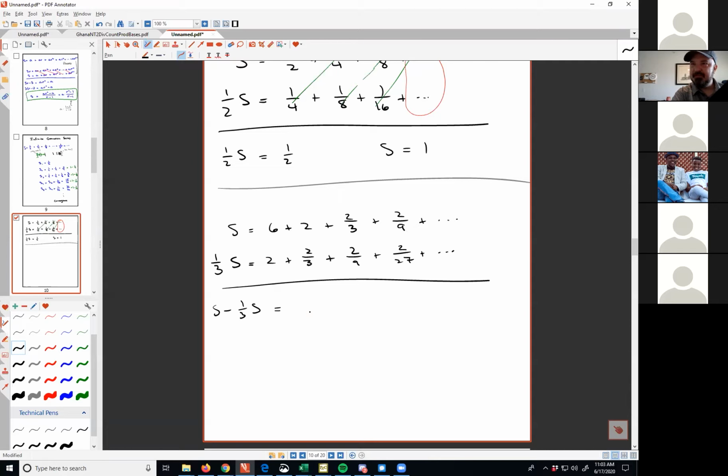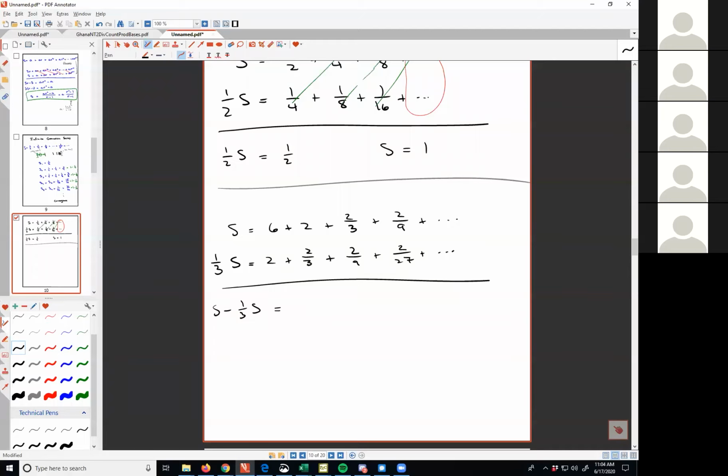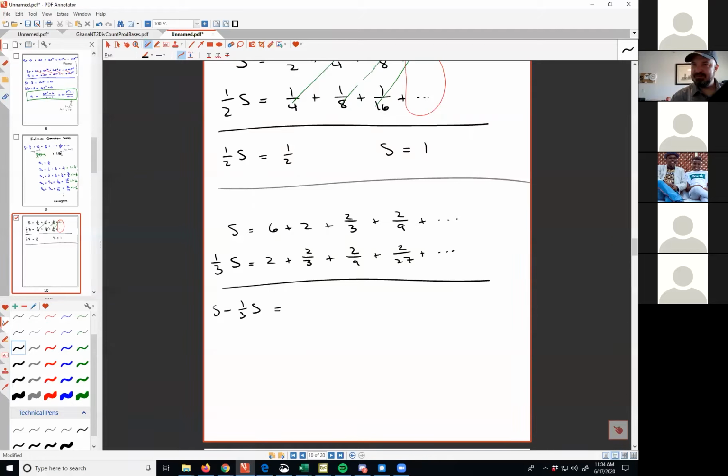Archie, what will we get on the right-hand side? Wouldn't it be the remaining terms that we haven't canceled? Okay, and what terms have not canceled? 6 and 2/27.